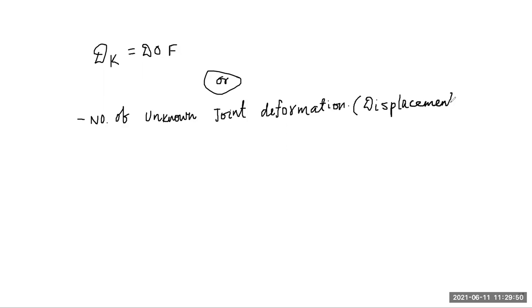Both words have different meanings, because displacement is one thing and deformation is another. But for structure analysis, we say if deformation is possible, then displacement is possible. If displacement is possible, then deformation is possible.